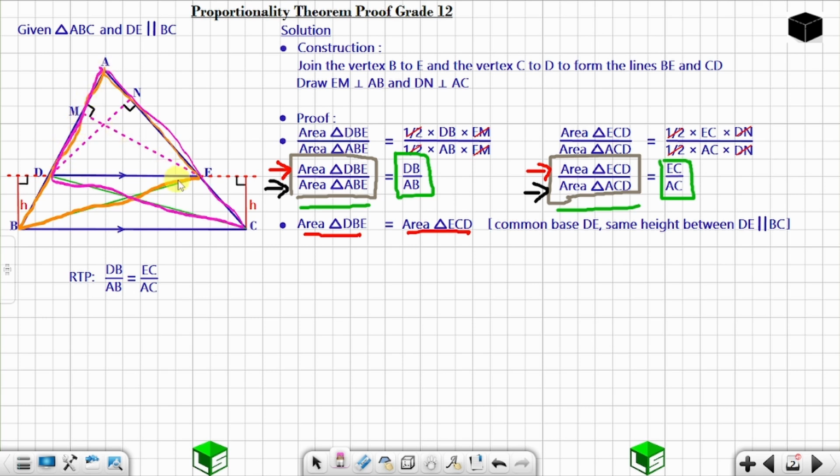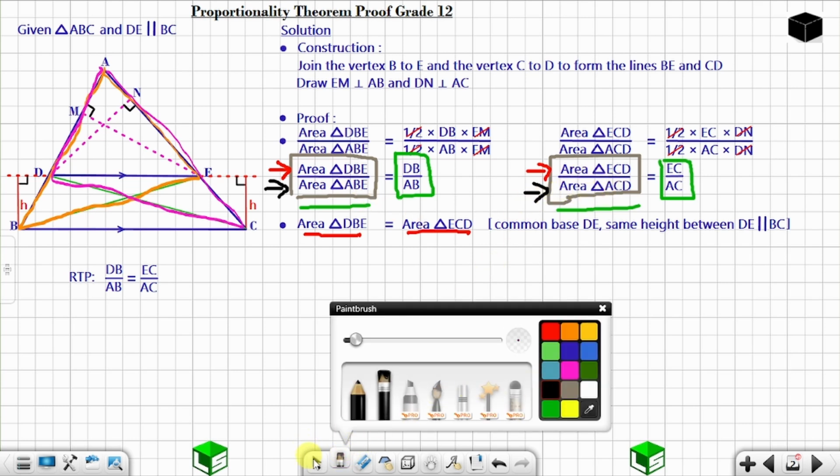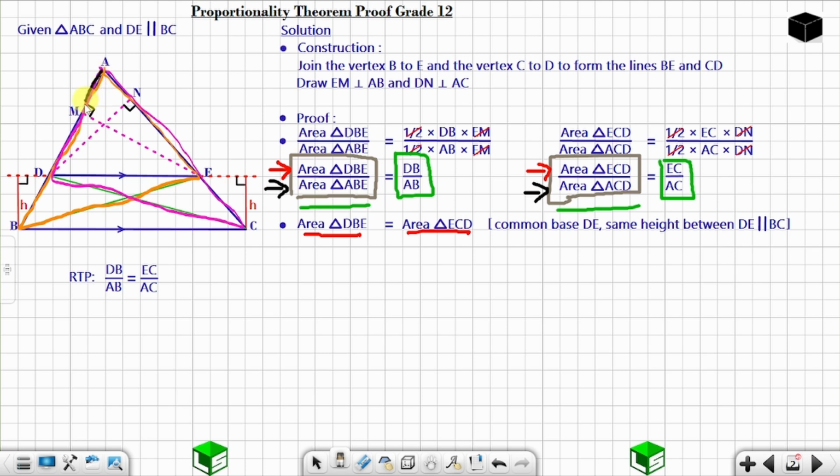You have to notice the two areas have a common area, which is the area of triangle ADE.